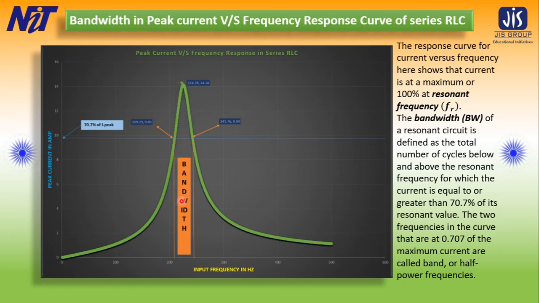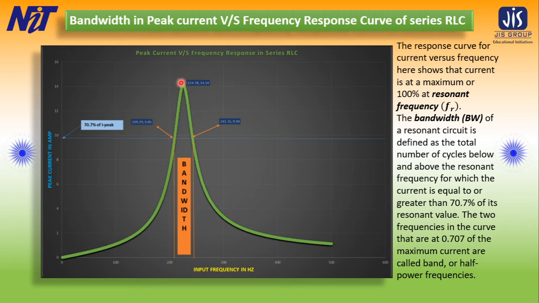For this respective frequency, you will find near about 2.225 Hz, the resonant frequency of your circuit. The two frequencies at 70.7% of the maximum current are called the band. The maximum peak current is 14.14.